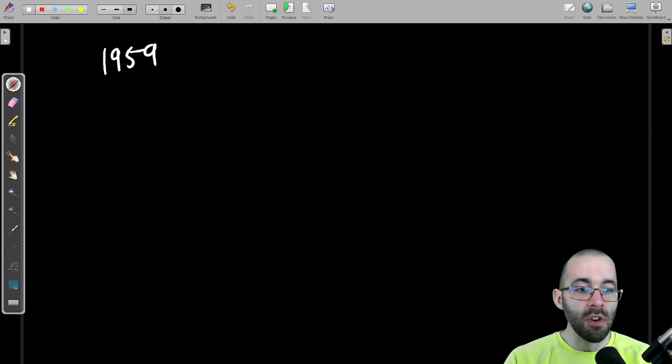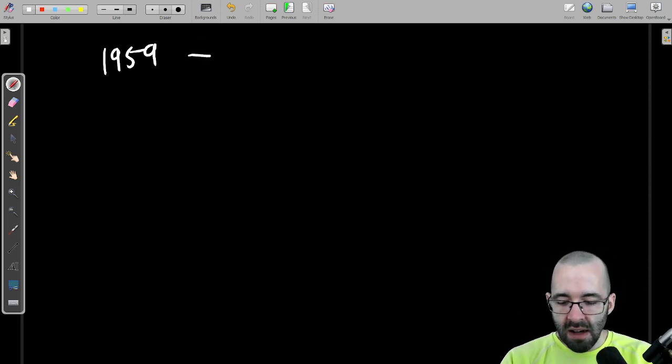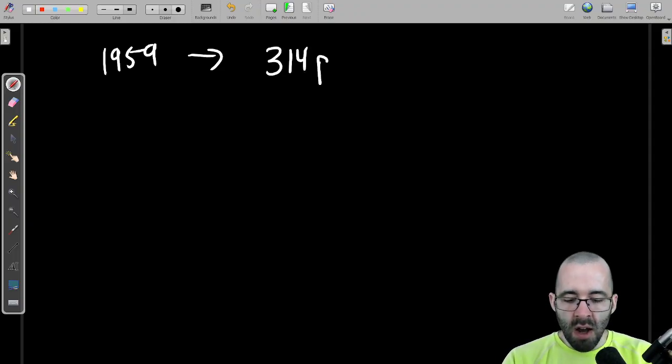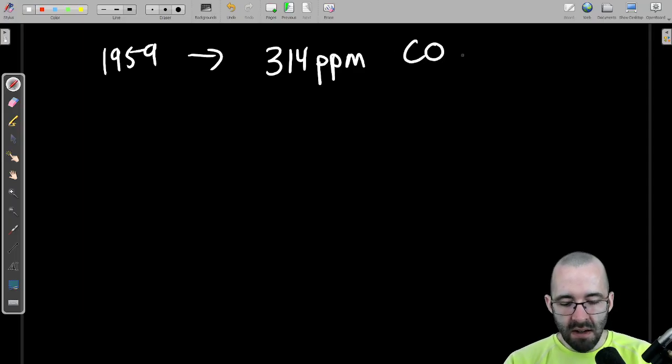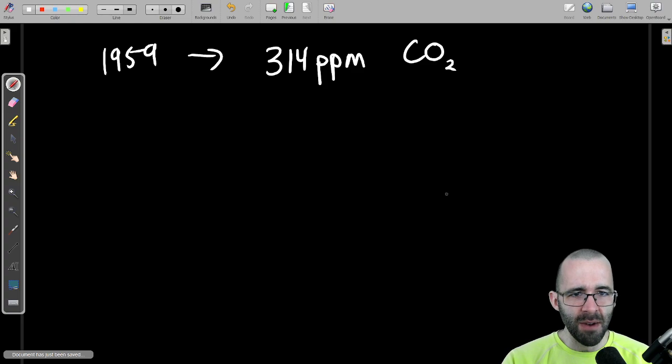1959, this is a good way of doing application problems. Write down what you know. 1959, there was 314 parts per million. Is usually abbreviated ppm. Carbon dioxide, CO2. I don't remember whether the 2 goes in the bottom or the top. Forgive me if I chose wrong.